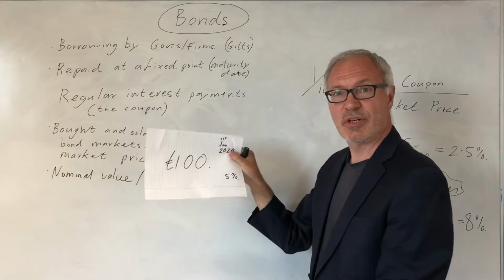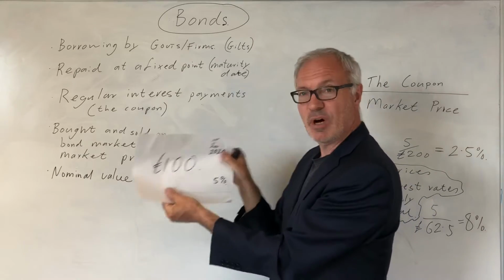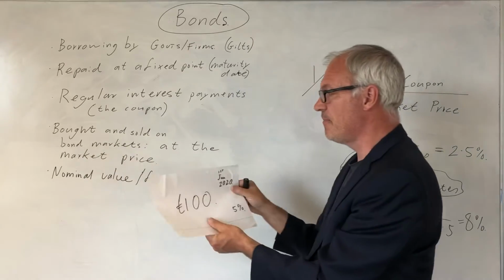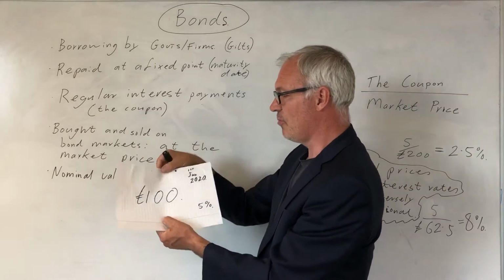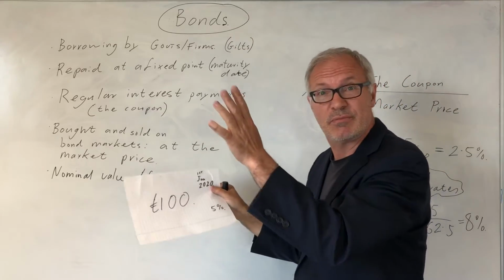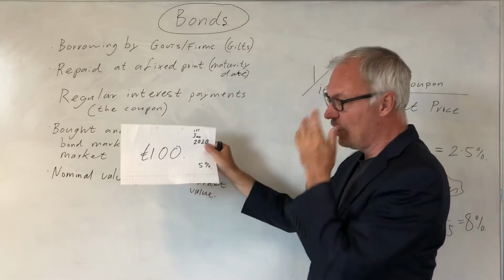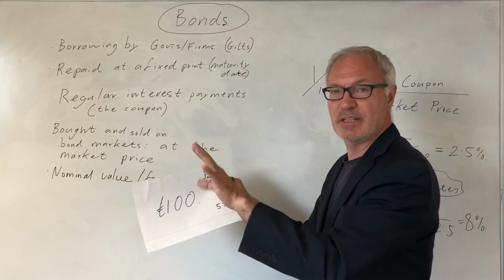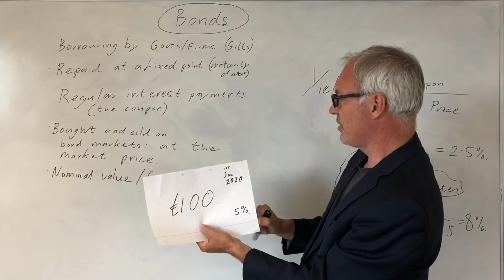They're bought and sold on bond markets at the market price. The market price will definitely differ from the nominal value on the front of the bond, depending on, guess what, demand and supply. So the value of the bond will move up and down depending on the forces of demand and supply within the bond market.